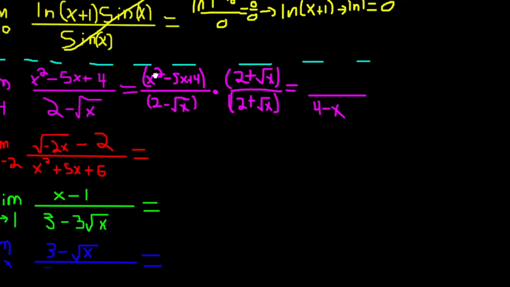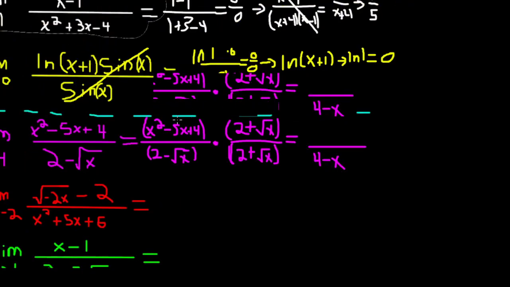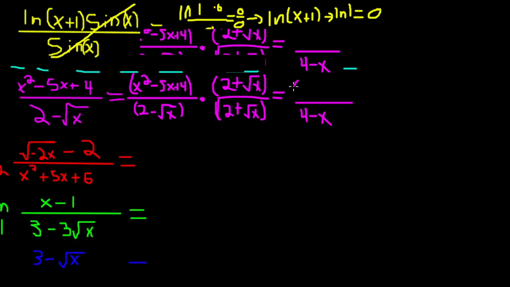And on top, I'm actually going to factor this numerator right here as I multiply this. So this factors to x minus 4, x minus 1, and then times our new 2 plus square root of x.